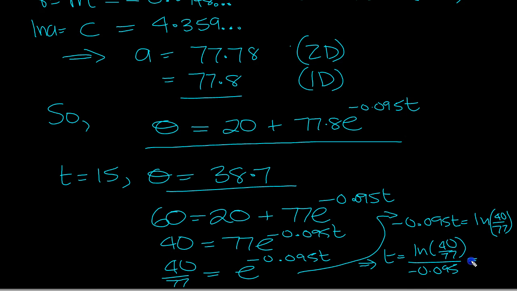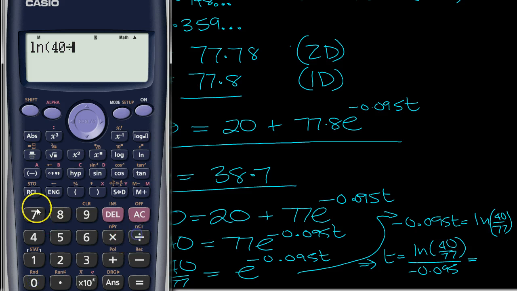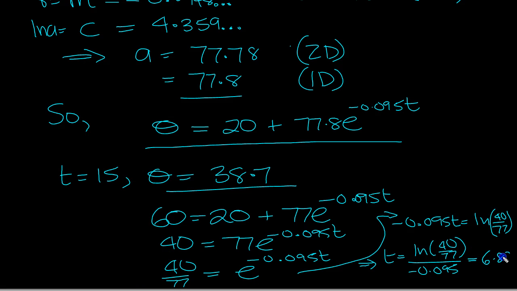That's it. Let's type that in. So ln of 40 divided by 77, divided by bracket, because it's a negative number, minus 0.095. This always looks better like that. Equals 6.89, to 2 decimal places, and that's the time.